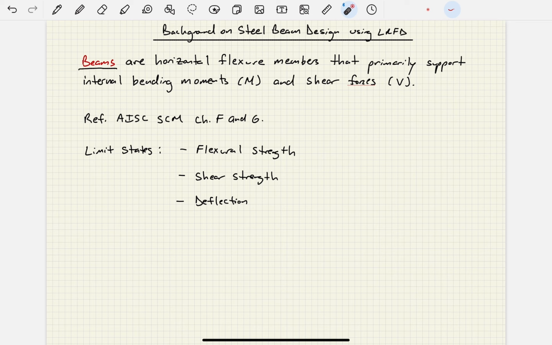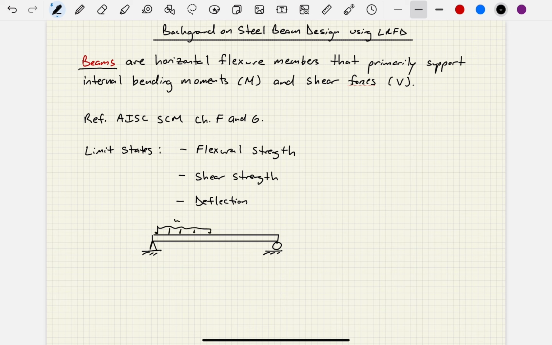Now, when we said beams are horizontal flexure members, if I sketch this out, it should be very familiar to you. When we have a beam, a side view of that might look something like this. And you have different kinds of support systems. A very common type of beam we see frequently is a simply supported beam supporting some kind of loads.